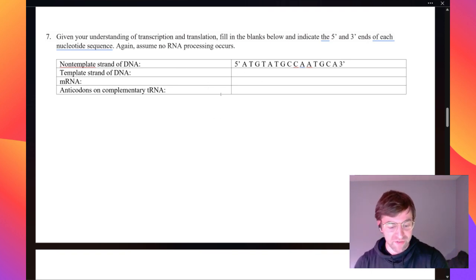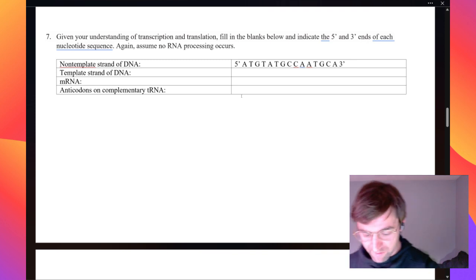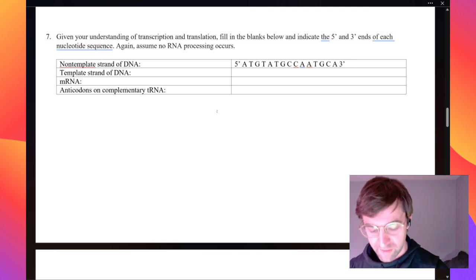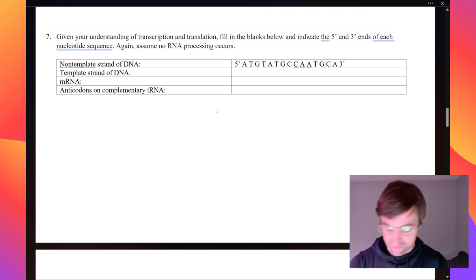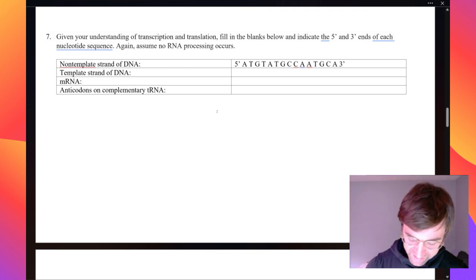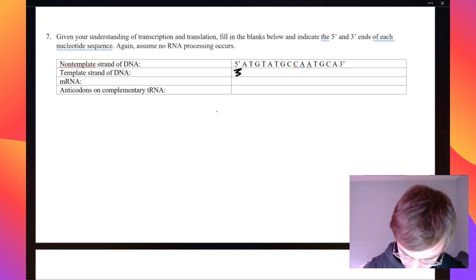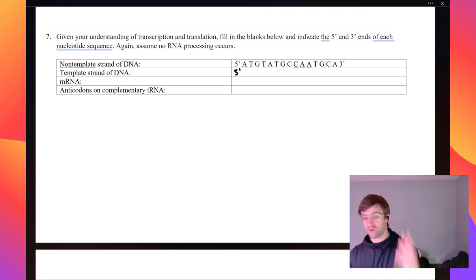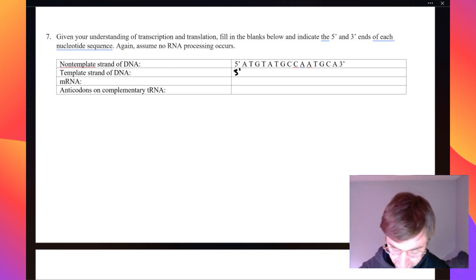We're going to go from template strand to messenger RNA, and then from messenger RNA to anticodons on complementary tRNA. And I think I'm going to write this one by hand because it's a little bit easier for my brain. So going to the template strand, what color are we in? Black, that's fine. We can mark 3' because it corresponds to 5'.